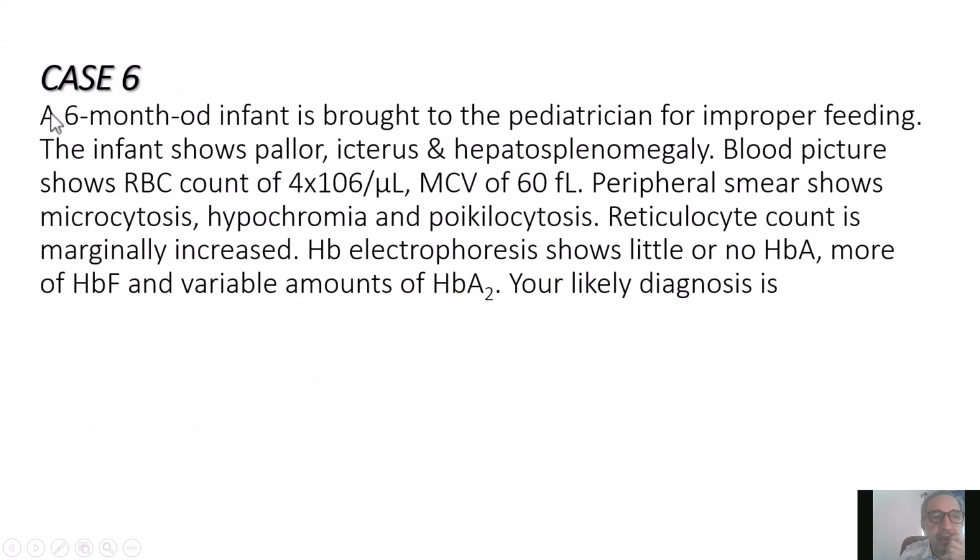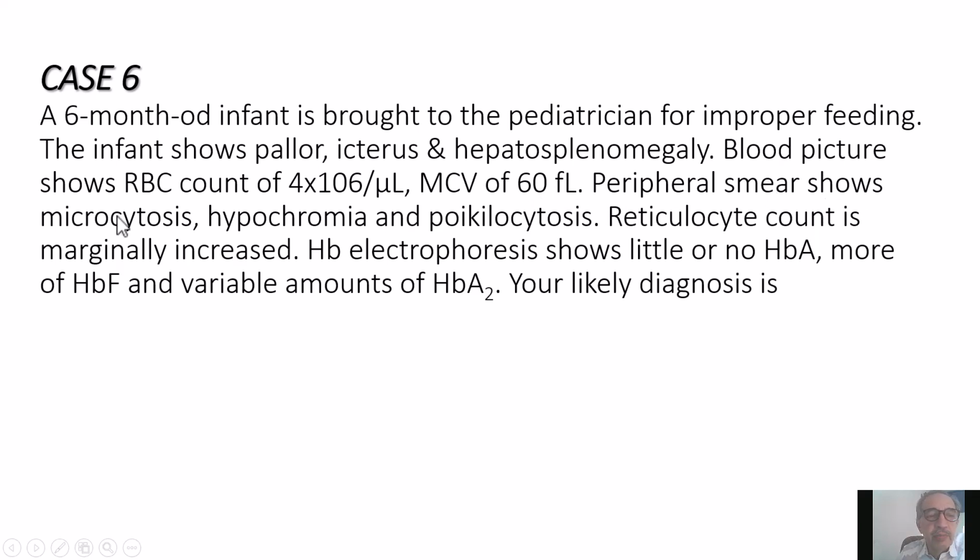Case 6. A 6 months old infant is brought to the pediatrician for improper feeding. The infant shows pallor, icterus, hepatosplenomegaly. Blood picture: RBC 4 into 10 to the power of 6 per microliter. MCV 60 femtoliter.